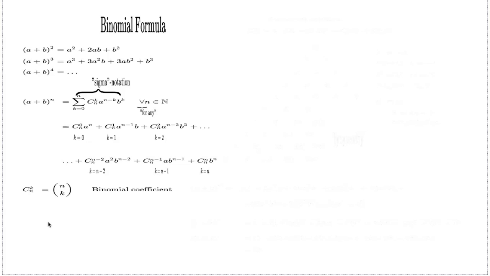Let me put it here for you. This formula, C(n,k), equals a fraction which has n factorial in the numerator and k factorial times (n minus k) factorial in the denominator.